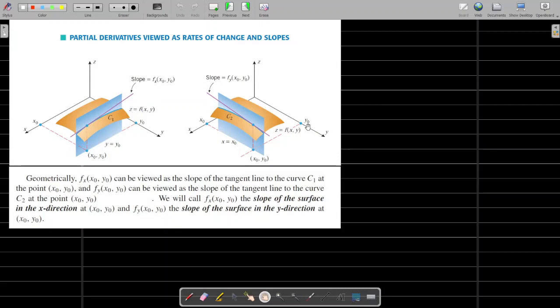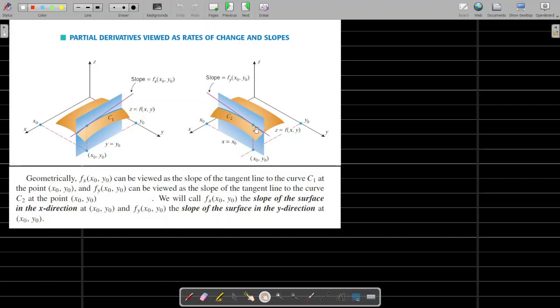Similarly, when I am finding fy at (x0, y0), suppose we have a surface like this, which we are calling f(x, y), and suppose we are cutting that surface with a plane x = x0, then it makes a cross section which is a curve, say c2.